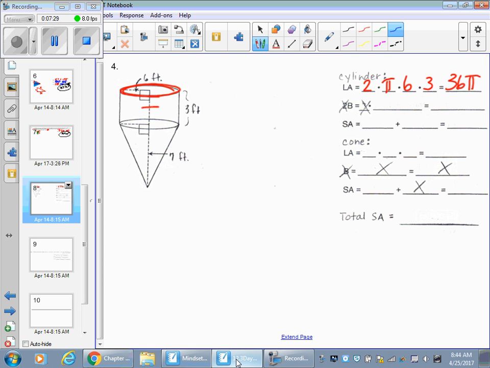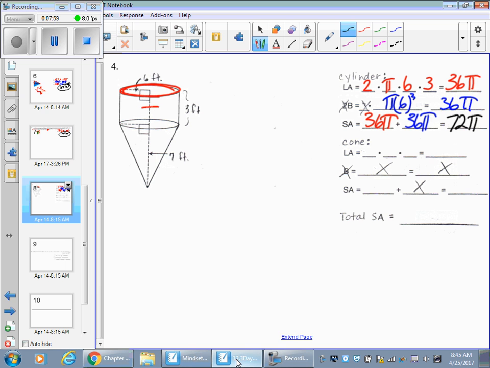The base is 1 circle. You guys know how to do that. Pi times the radius squared, so that's 36 pi also. So the surface area of that cylinder with 1 base is 36 pi plus 36 pi, which is 72 pi.